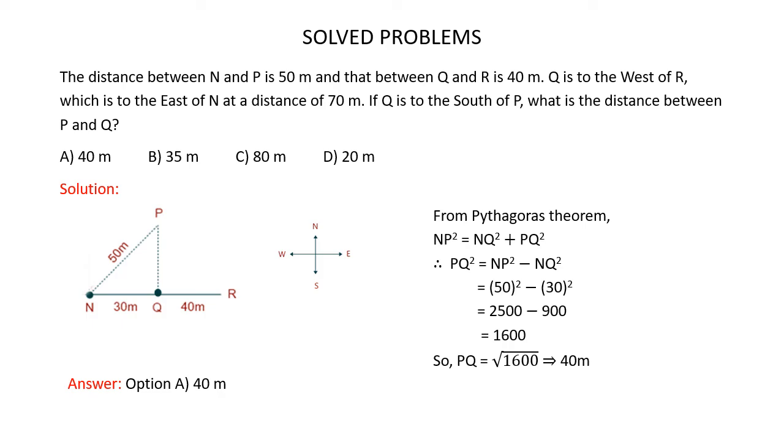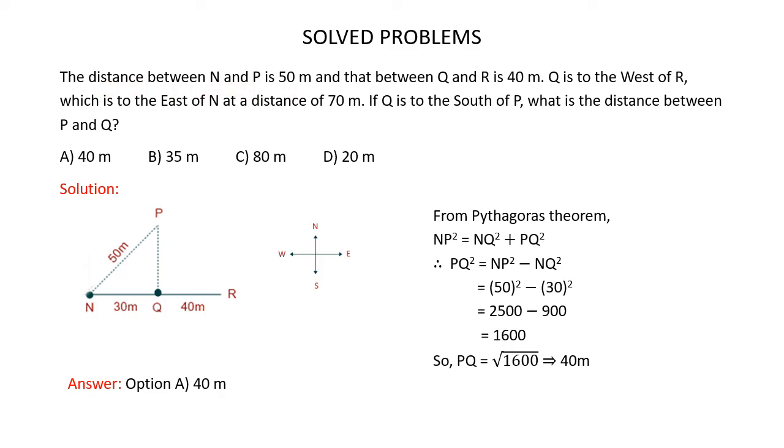It's also given that Q is to the south of P. So if this is point P, then Q will be to the south of P. It's also given that the distance between N and P is 50 meters.